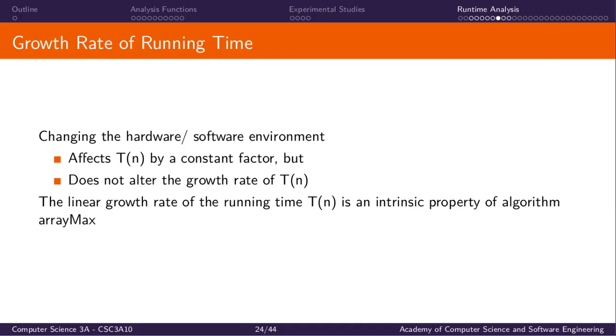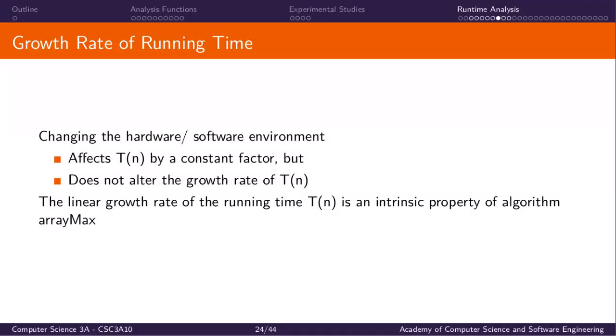So something that has a linear growth rate on one software and hardware environment will still have a linear growth rate on another, as in it will still depend on its input in the same way. If you're doing a linear search through an array, then the number of operations to execute will still be some linear function of the size of the array.